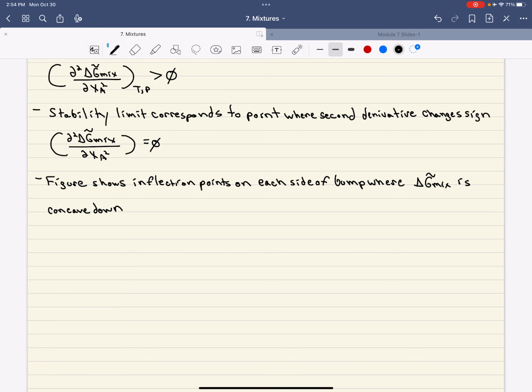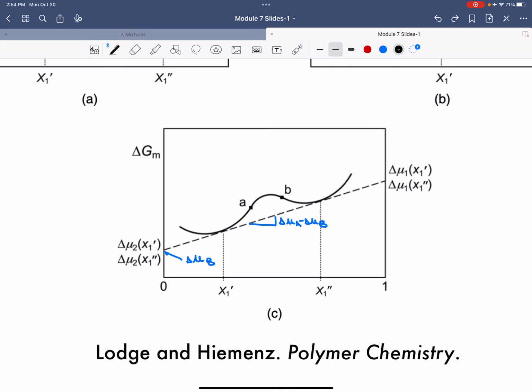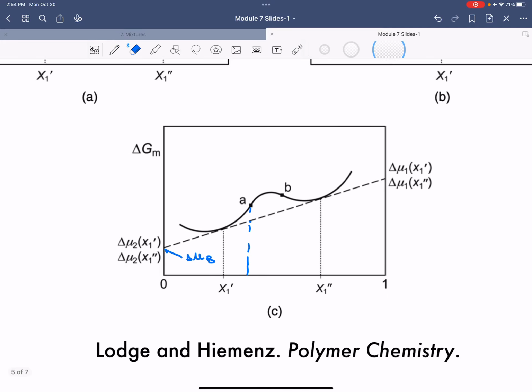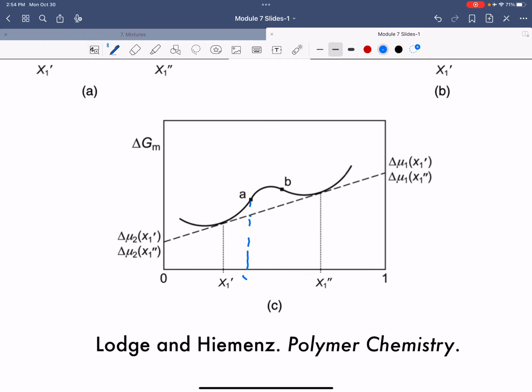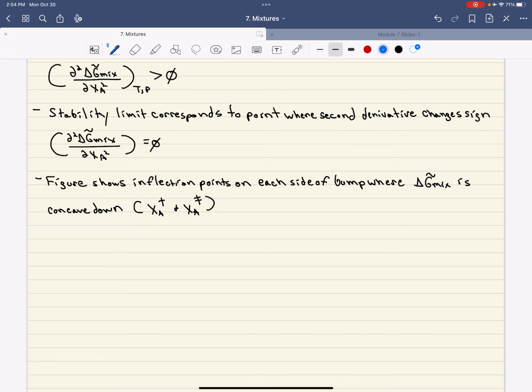We'll refer to those compositions as XA dagger and XA double dagger. Those are the compositions that correspond to the inflection points. Okay. All right.